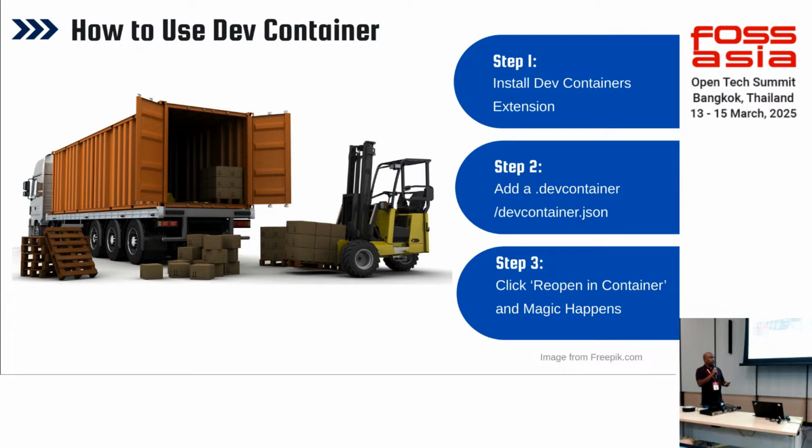Once you have a devcontainer.json, Visual Studio will automatically detect it and ask if you want to reopen in a container. Once you click on that, boom, the magic happens. You will be up and running with the dev container with all your files mounted inside the container. You'll be able to edit the files as in a host, and it will be reflected in the host as well because it is mounted as a folder.